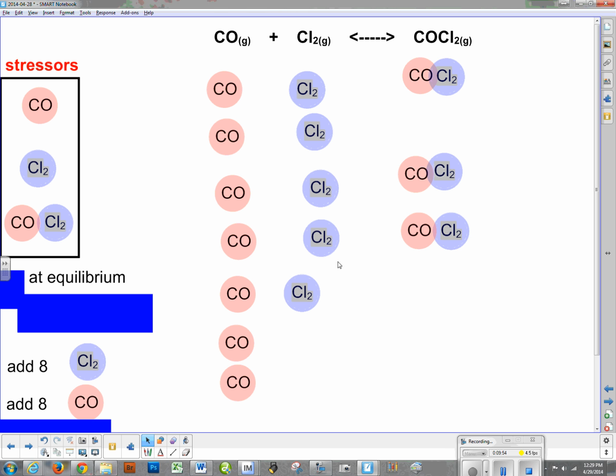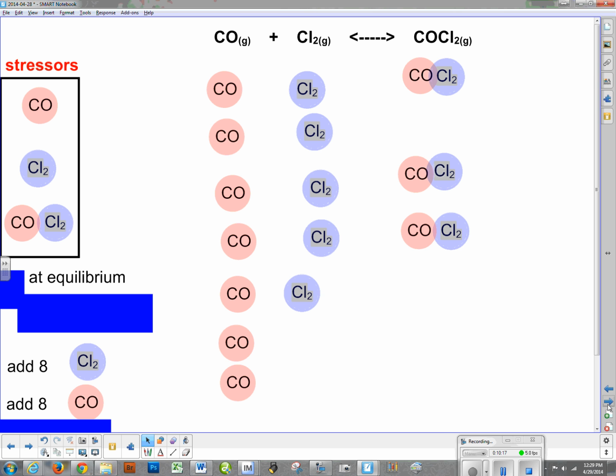And in the process here that we went backwards with, the chlorine went back over here, and I brought back a carbon monoxide, which reduced the numbers of the COCl2, and it increased both the carbon monoxides as well as the chlorines.